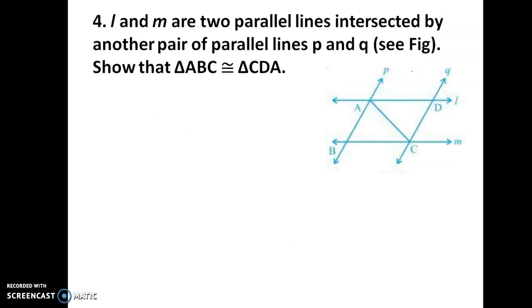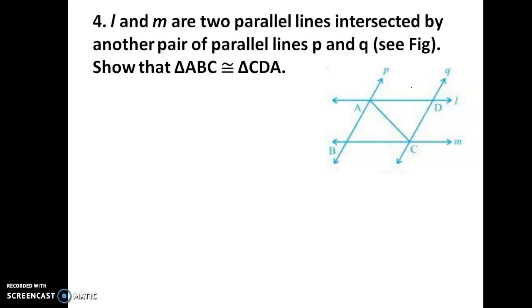Next problem. L and M are two parallel lines intersected by another pair of parallel lines P and Q. Show that triangle ABC is congruent to triangle CDA. Okay, so L and M, these two are parallel lines, and P and Q are another pair of parallel lines, which are intersecting the previous parallel lines.